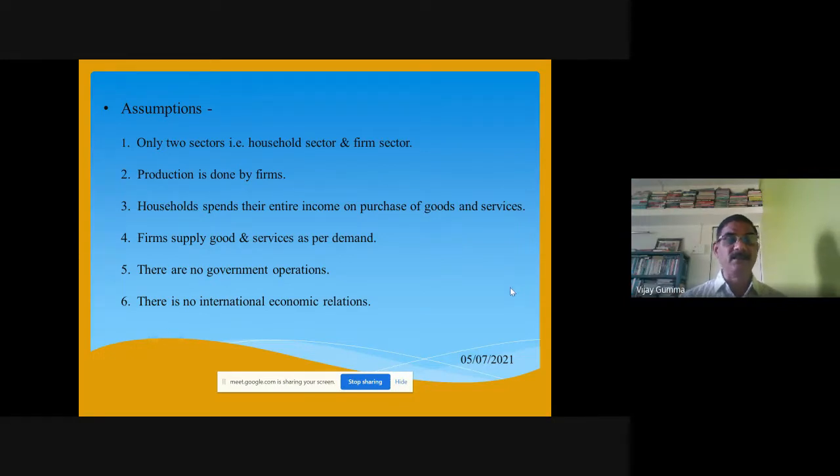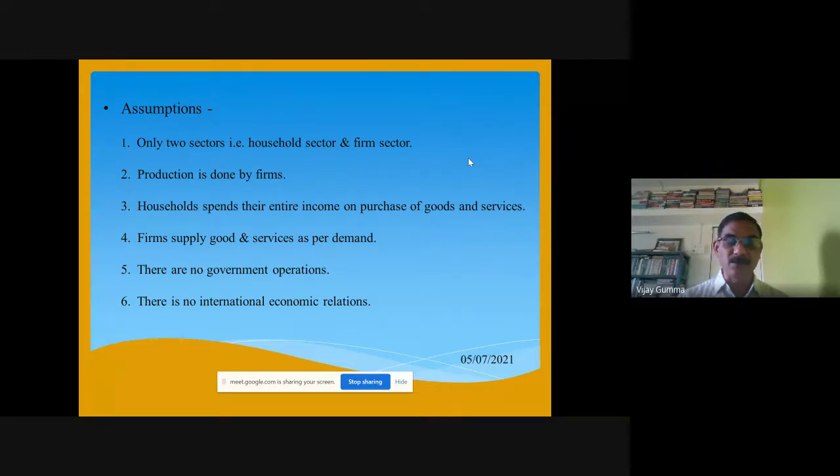And lastly, there are no international economic relations. International economic relations involve import and export of goods and services, lending and borrowing, inflow and outflow of capital, together called international economic activities.